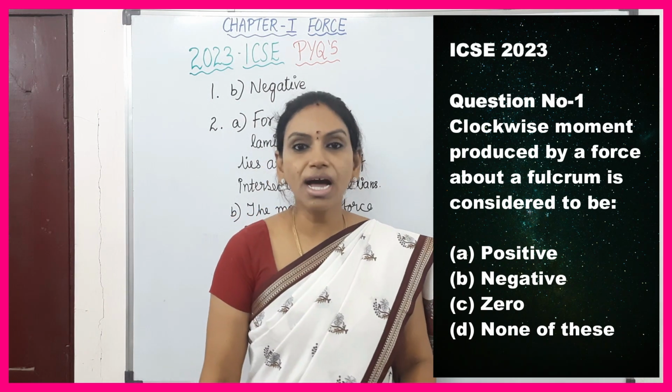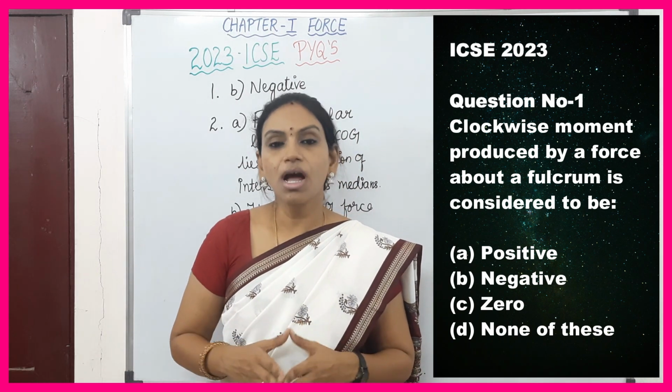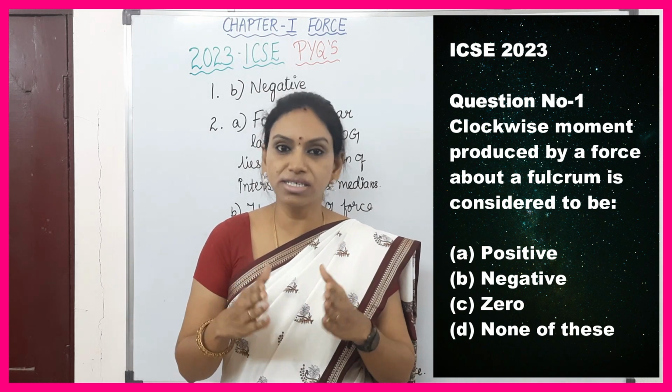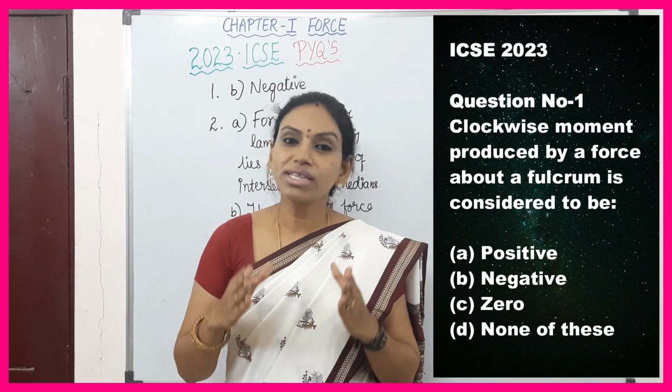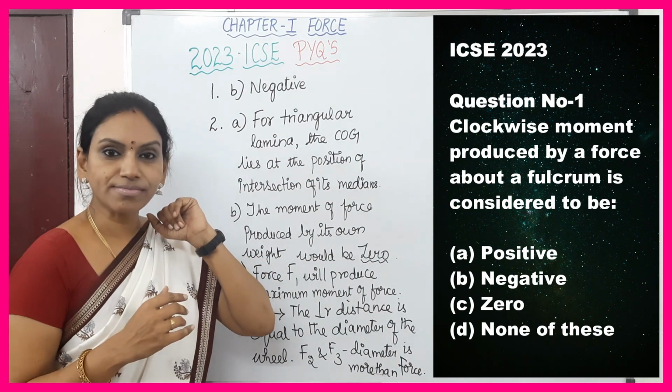So what will be the answer? See, as they said it is a clockwise moment, clockwise will always get the sign convention negative. So the answer will be option B, negative.